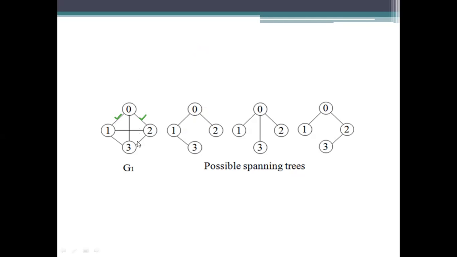Okay. And then this one. These are the edges we took from this graph. Since it is a subset of this G1, it is a spanning tree. Means we should not add edges as we like. The edges should be from the graph only.